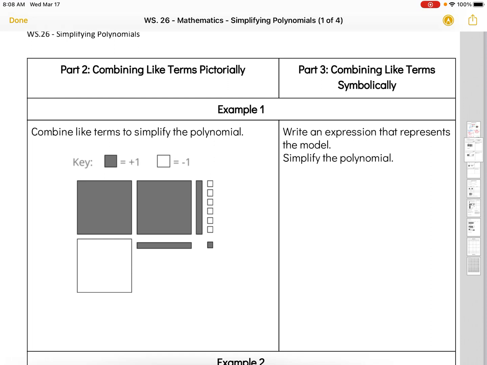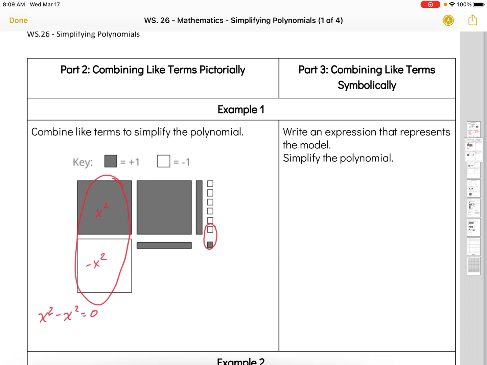So what I want to do is pair up opposites, right? Because this is an x squared and a negative x squared. If I have an x squared and I take an x squared away, they equal 0. X squared minus x squared equals 0. So they would cancel out.